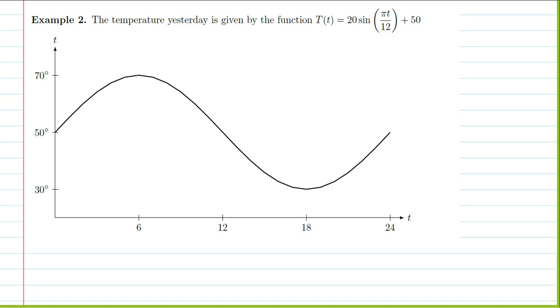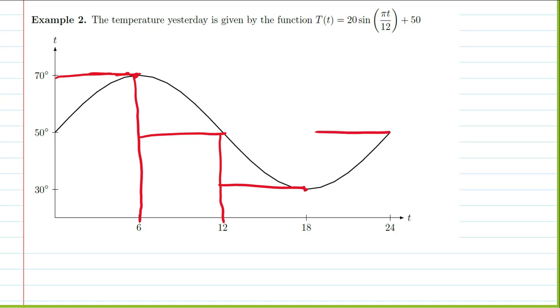So if we wanted to approximate this using a Riemann sum, let's start by making some approximating rectangles, using the right endpoint. I would create some rectangles that looked like this, right?